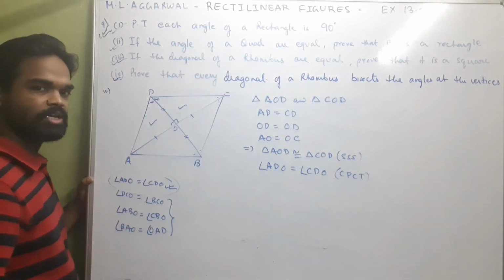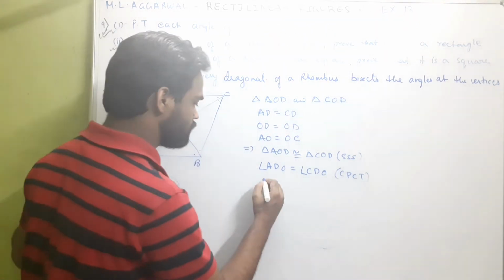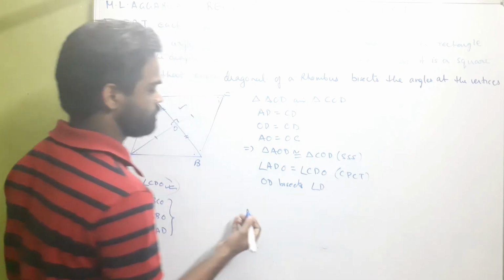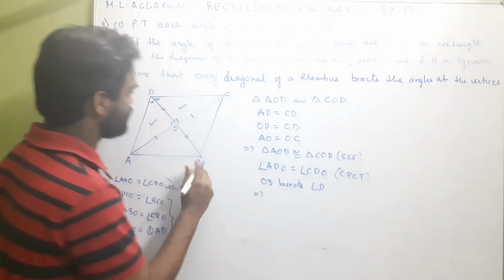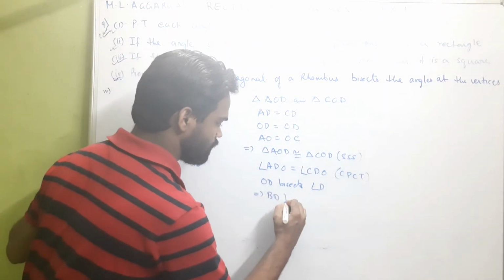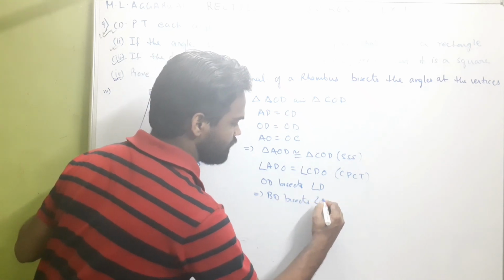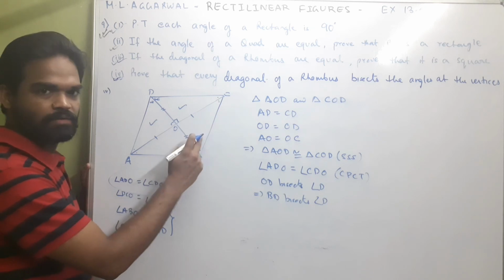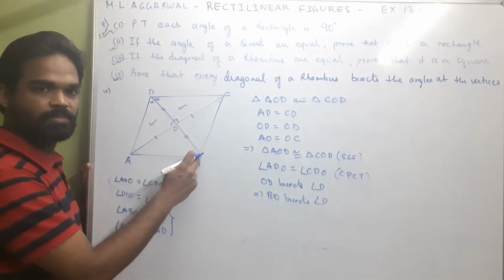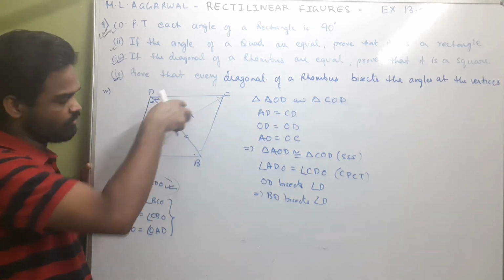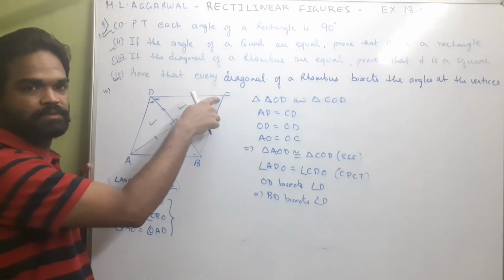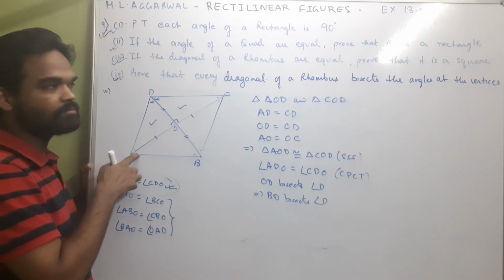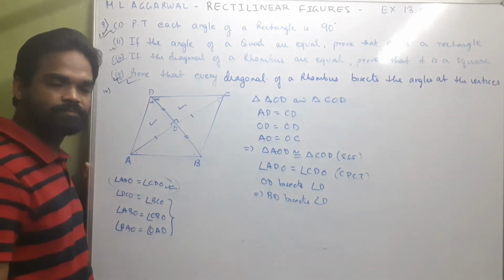So these two angles are equal, which means OD bisects angle D, which means we can say BD also bisects angle D. Done. Similarly, if you take these two triangles, you can show that BD bisects angle B. If you take these two triangles, you can show AC bisects angle C. If you take these two triangles, you can show that AC bisects angle A. Hence, it is proved.